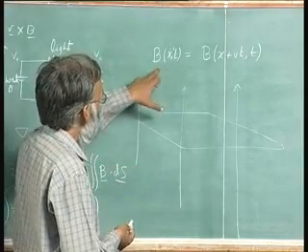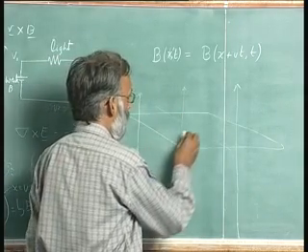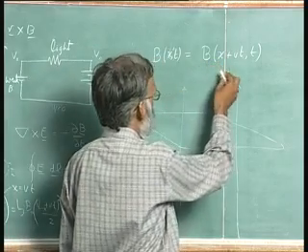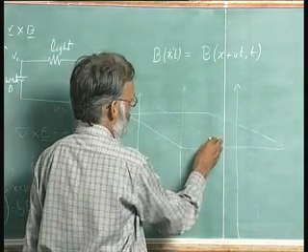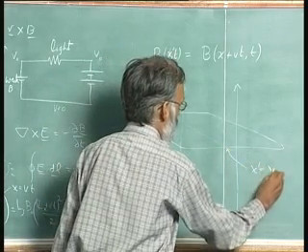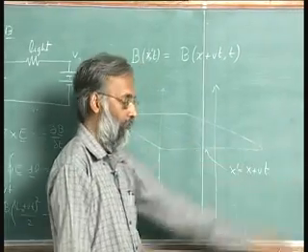How is this? Because if I fix any particular x on the circuit and I measure the B there, that B is, in the original picture, this x prime would actually be x plus Vt, because in time I am moving with velocity v.